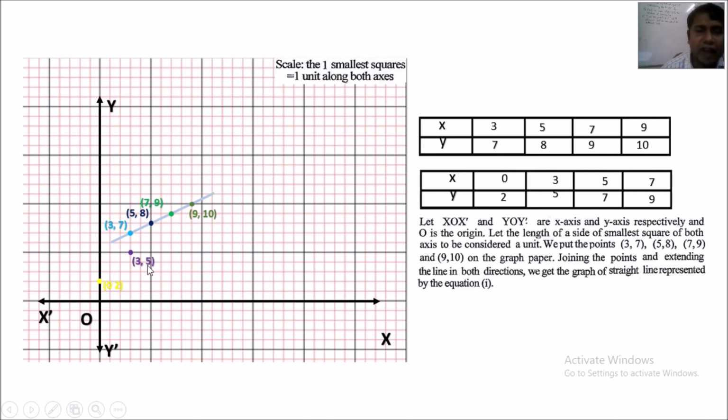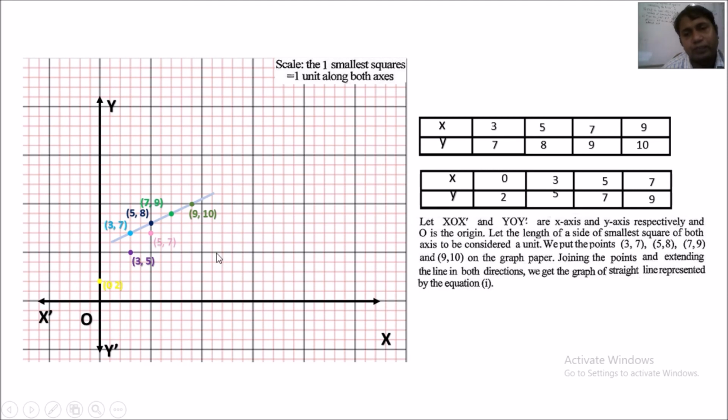Then 5, 7. So here x is 5: 1, 2, 3, 4, 5, and y is how much? 7. So here is 1, 2, 3, 4, 5, 6, 7. Here it is. That is 5, 7. I think you can see.